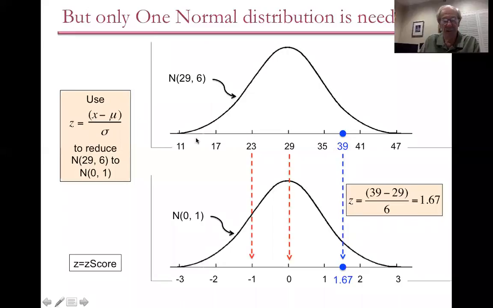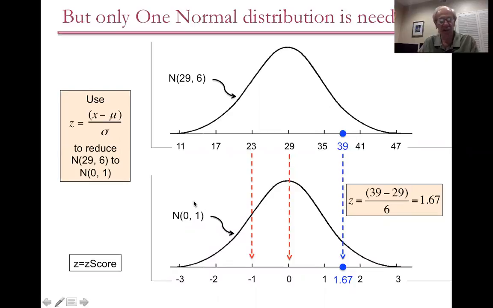The x is up in the top curve, and I am trying to put it down into the z, the bottom curve, the z-score curve. So 29 minus the mean, 29, gives 29 minus 29 over the standard deviation, which was 6. 0 over 6 goes to 0.